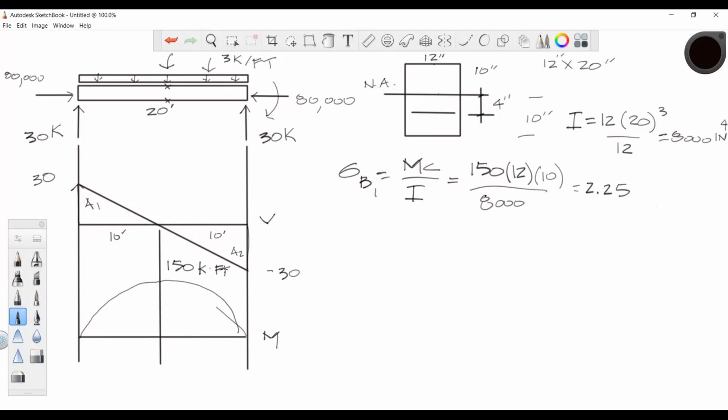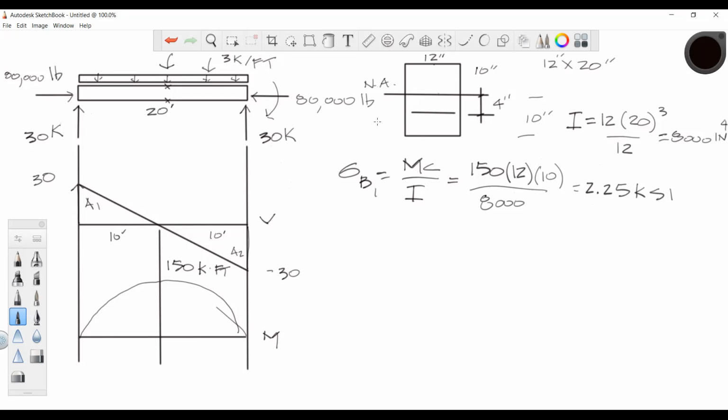Kip-feet? Or rather, ksi, because everything is in inches, so that's kip-inches and inches to the fourth, so it's ksi. Okay. Yeah, 2.25. Now, if you wanted to convert that to pounds, we have to be careful, because this guy is in pounds. I forgot to note that. So we have to be careful with our units, okay?